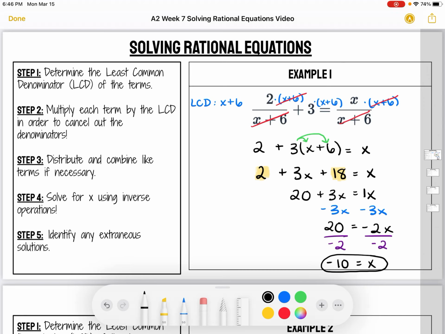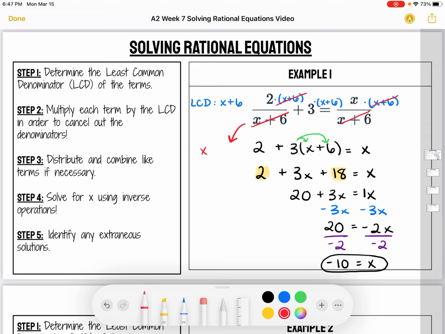I want to think back to my original equation and think what value of x would have been extraneous. So since my denominator is x plus 6, I'm thinking what value of x would cause a 0 in the denominator. So what would I have to add to 6 to get 0? And that would be negative 6.